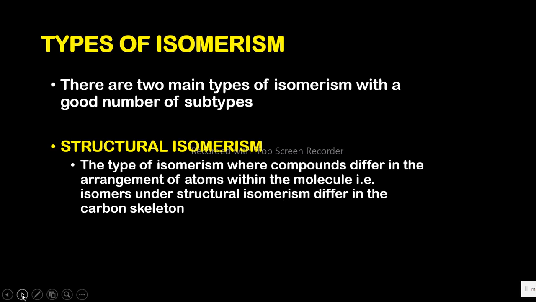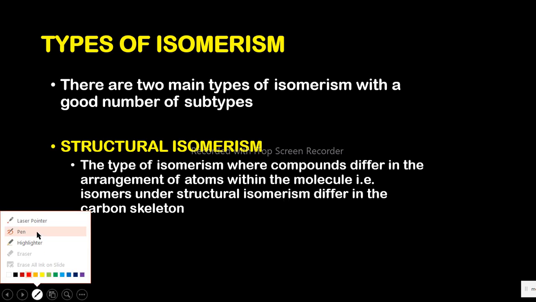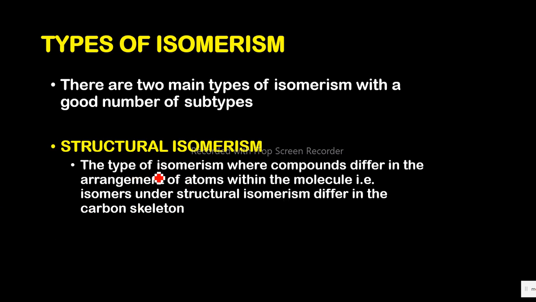Don't worry, we are going to see them. It's the type of isomerism where compounds differ in the arrangement of atoms within a molecule, i.e., isomers under structural isomerism differ in just the carbon skeleton.